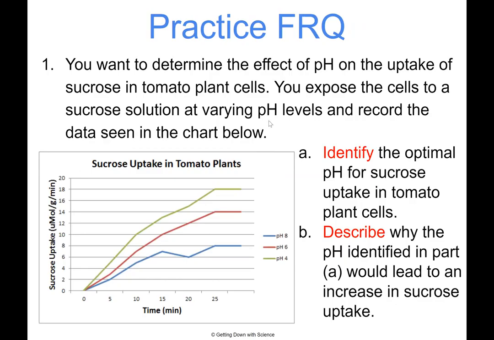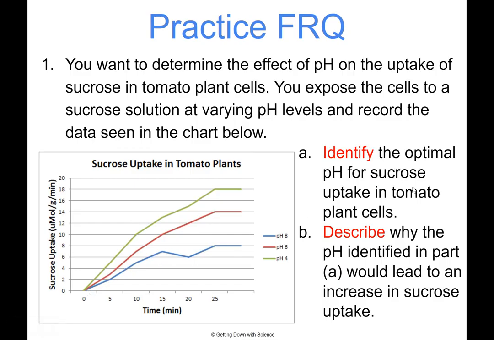Okay, ooh, we got a practice free response question. You want to determine the effect of pH on the uptake of sucrose in tomato plant cells. You expose the cells to a sucrose solution at varying pH levels and record the data, which is seen in this chart here. So at pH 4, you can see that's our green line. pH 6 is our red line, and pH 8 is our blue line.